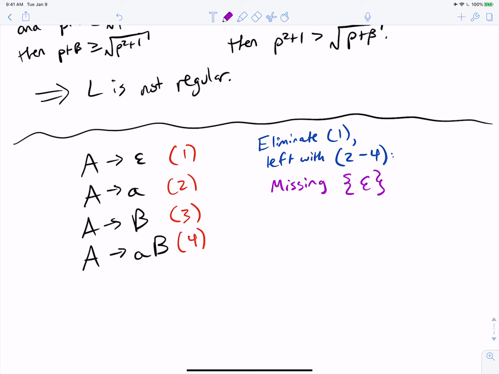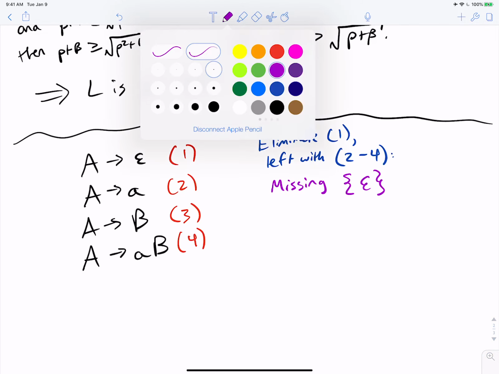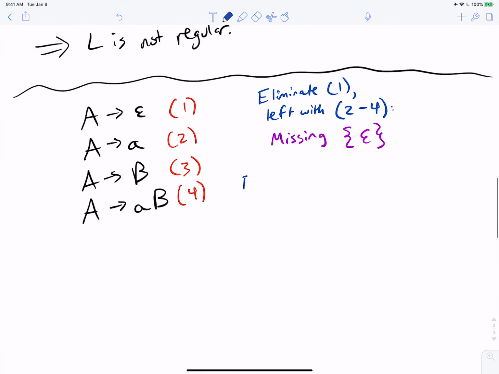So with the other ones though, let's actually look at this, because it's actually good. So let's eliminate the second one, but we have 1, 3, and 4.